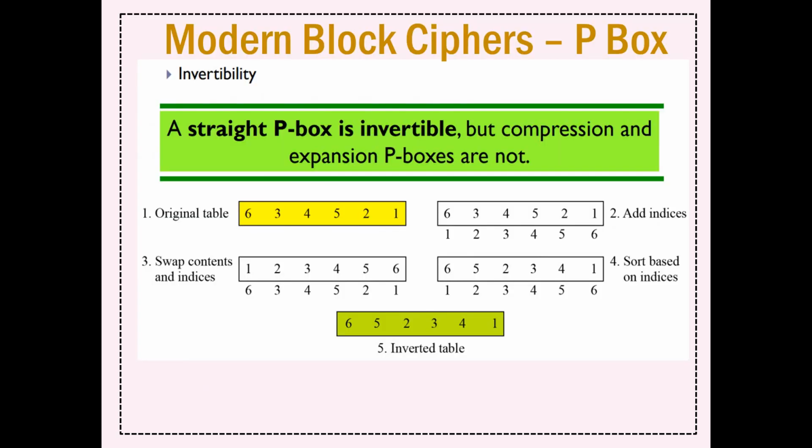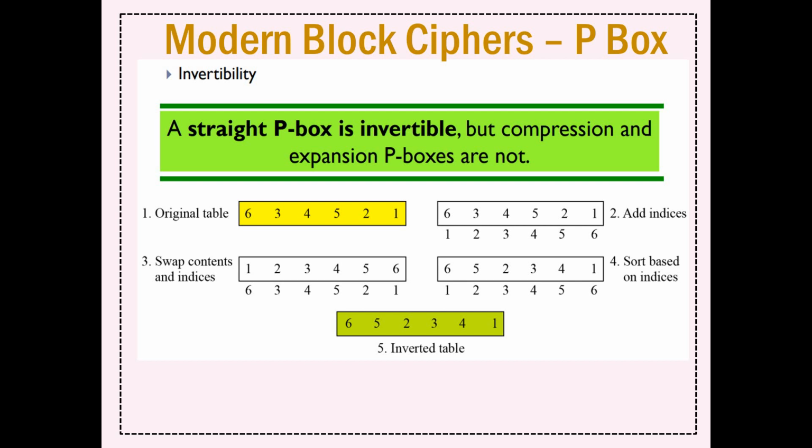Now this is again another very important property that comes with the P-box, and that is called invertibility. What that means is that whenever we are using this kind of a P-box, it's always advisable that whether we are doing the encryption at the transmitter end, or deciphering at the receiver end, we can use the opposite method to get back the data.